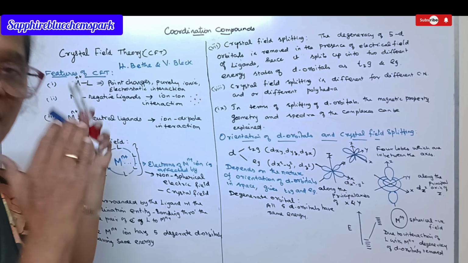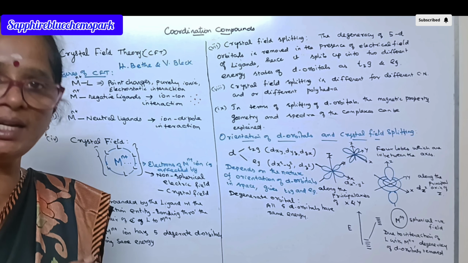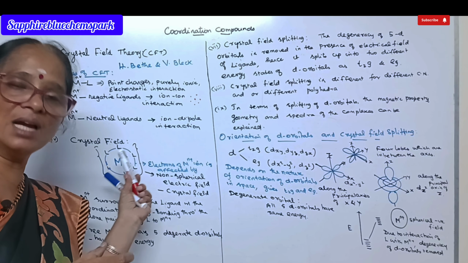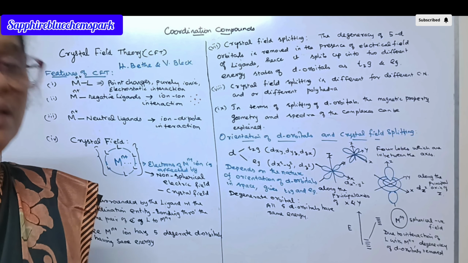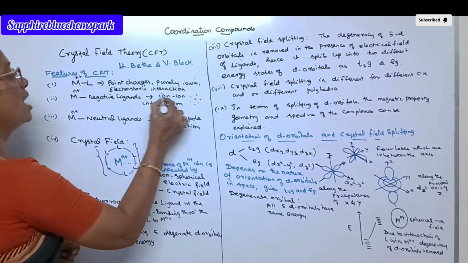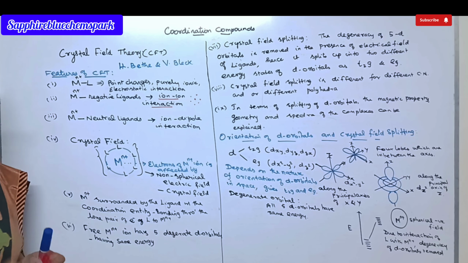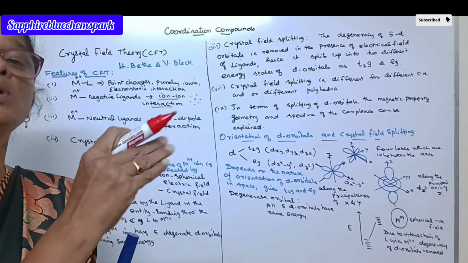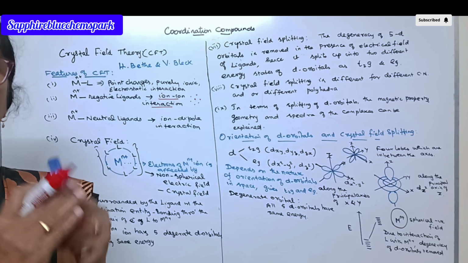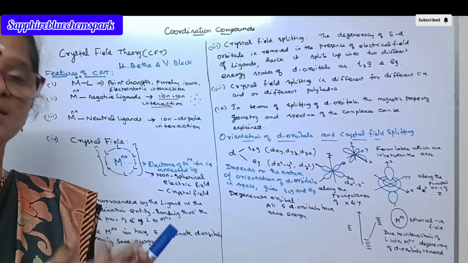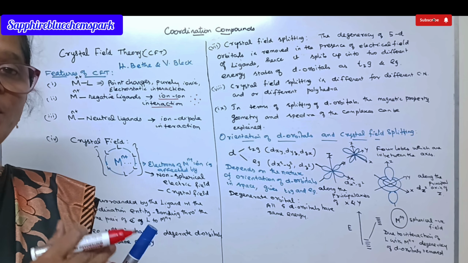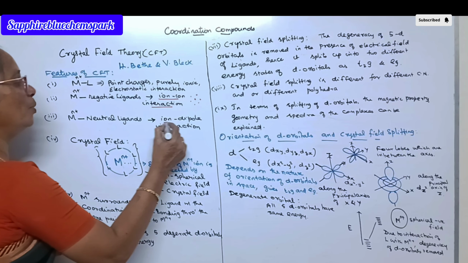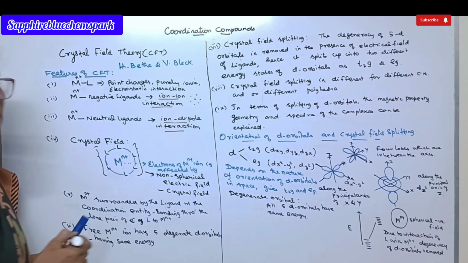If the ligands are carrying negative charges, then the interaction between the metal ion and the negative ligand is said to be ion-ion interaction. Or if the metal ion is bonded with neutral molecules, which have no charge, the interaction between the metal ion and the neutral molecule is said to be ion-dipole interaction.